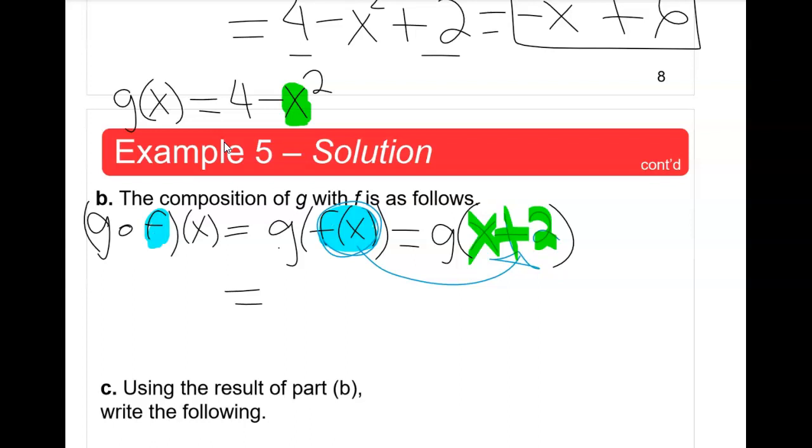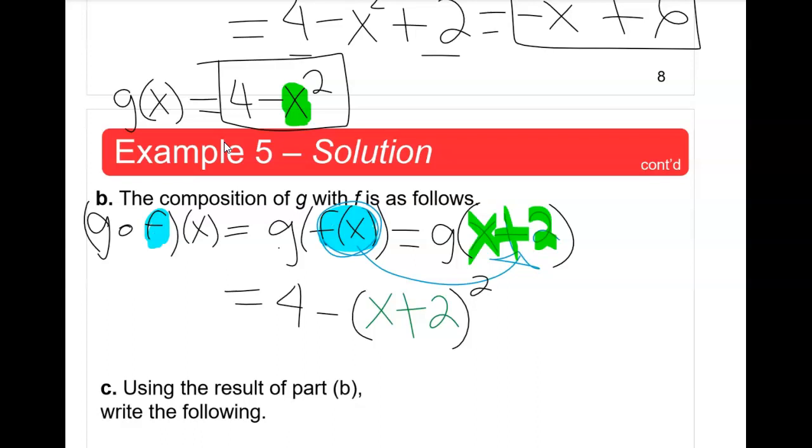So we have to write everything else besides the x squared. So 4 minus, and then here's where we're going to replace it, and then we need the square. So what we replace there, instead of the x, we enter x plus 2.